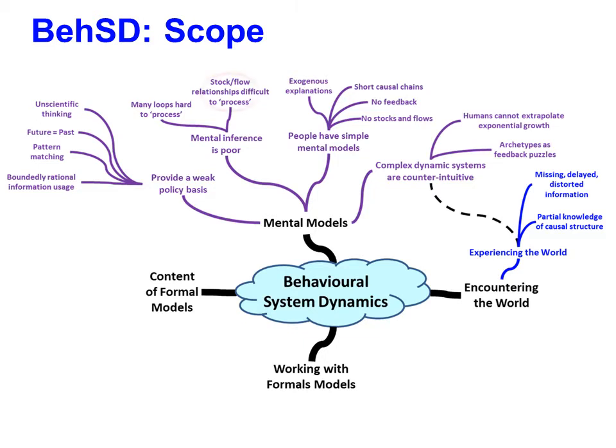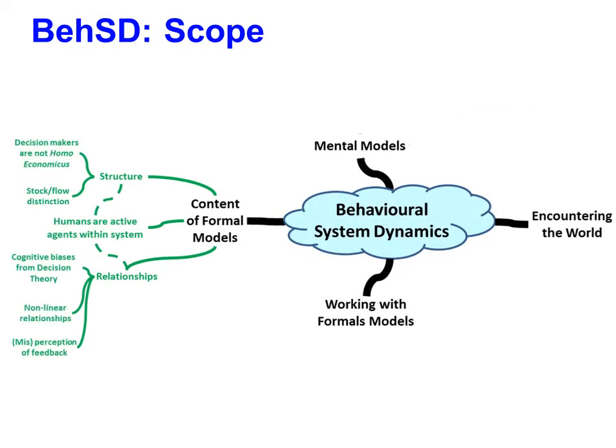So here we have the idea that we're not very good with stocks and flows. We also get the work of Dörner and Axelrod on the simple nature of most people's mental models, that they have short causal chains and little or no feedback. Over here are the odd things about human behaviour that we have to represent in a model.